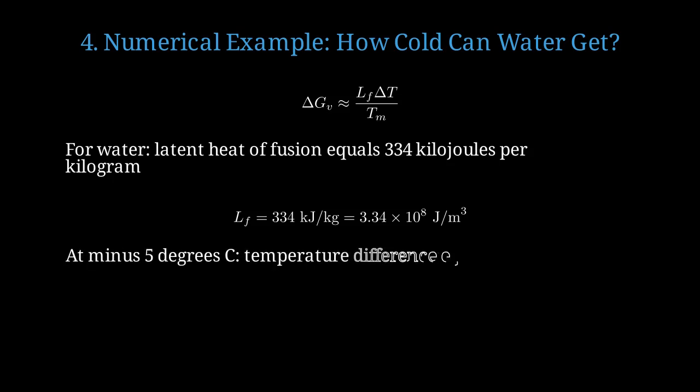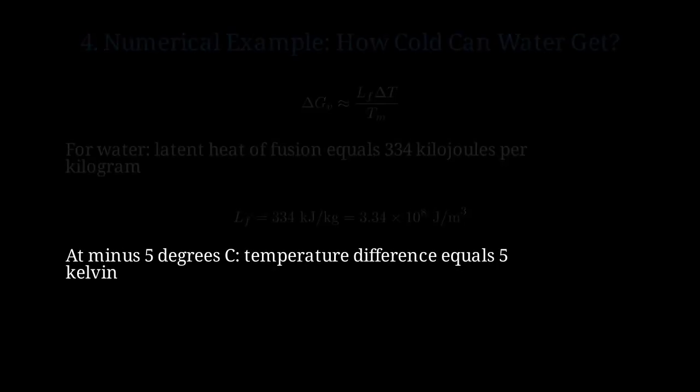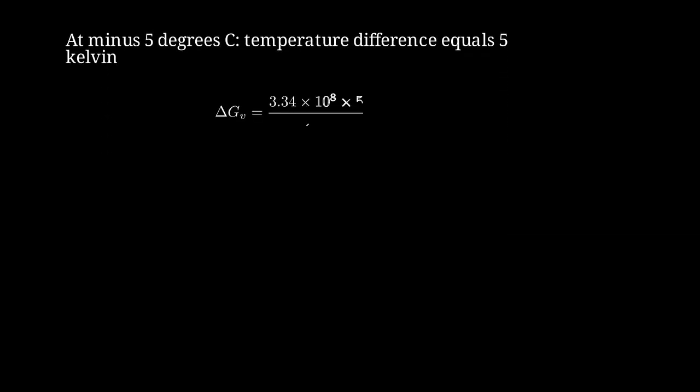At -5 degrees Celsius, the temperature difference from freezing is 5 Kelvin. So the volume free energy change equals 3.34 times 10 to the 8 times 5 divided by 273, which gives approximately 6.1 times 10 to the 6 joules per cubic meter.